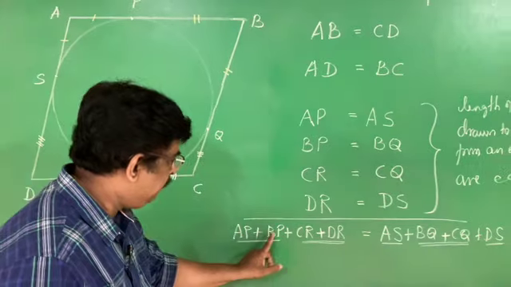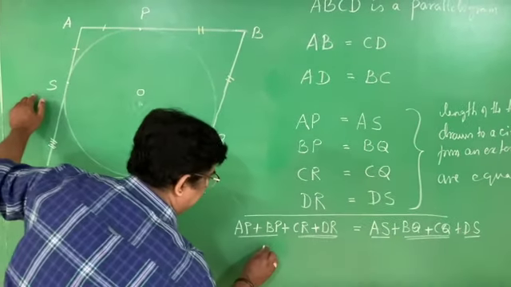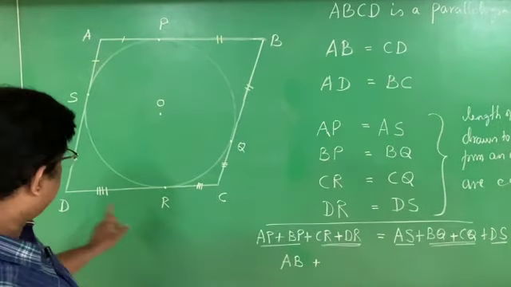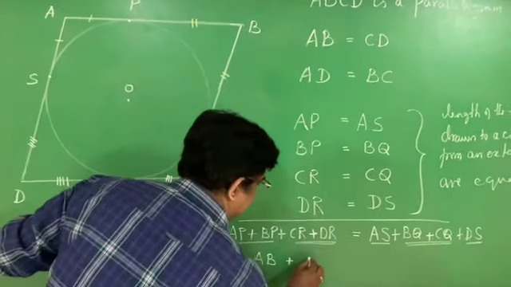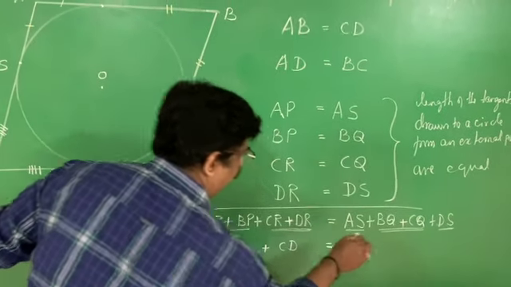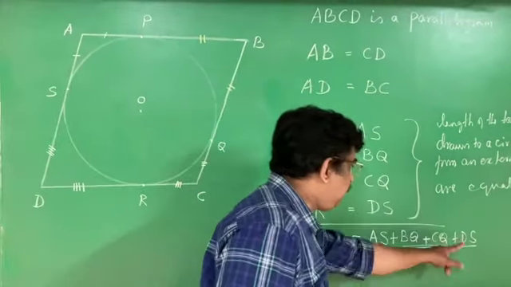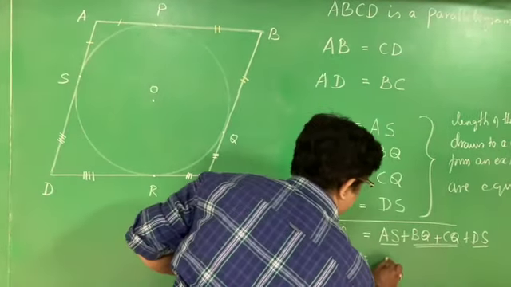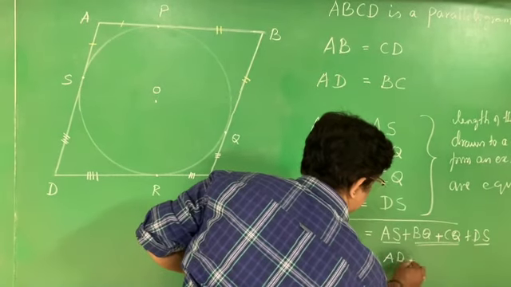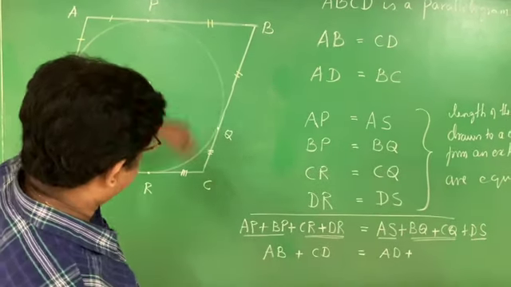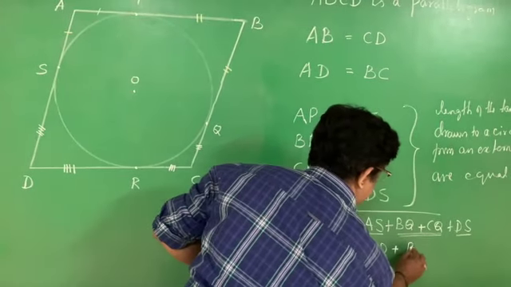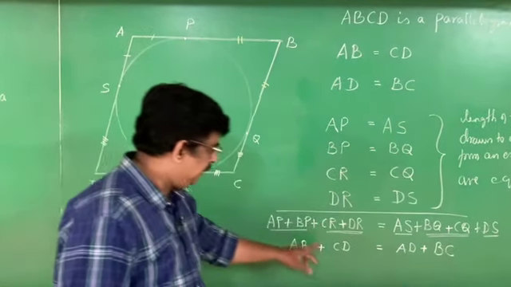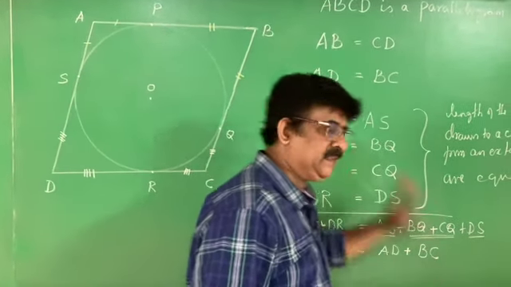Therefore, I write AP plus BP as AB, plus CR plus DR as CD, is equal to AS plus DS, which is AD, plus BQ plus CQ, which is BC. So AB plus CD is equal to AD plus BC.